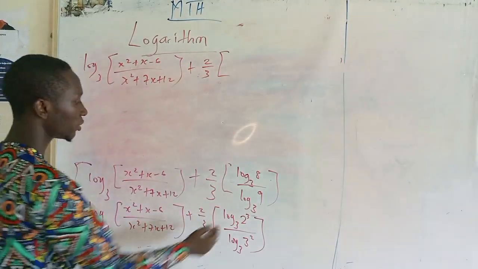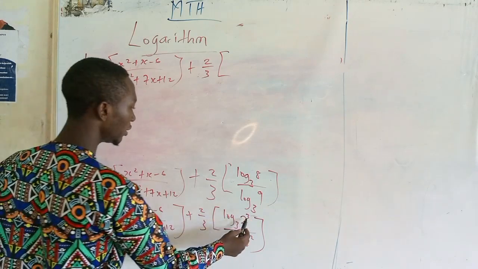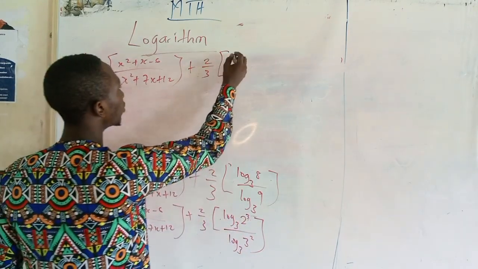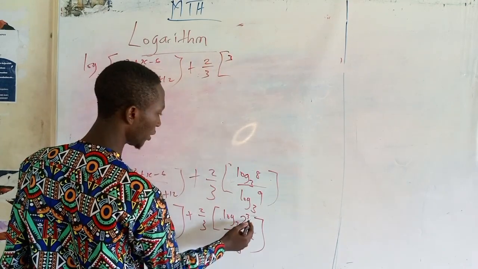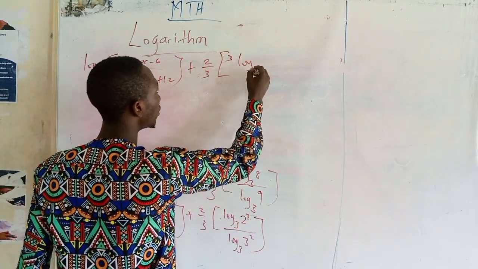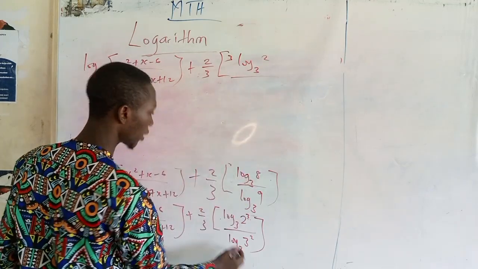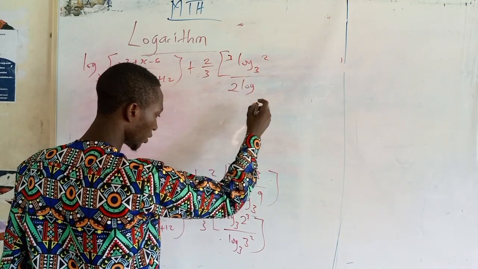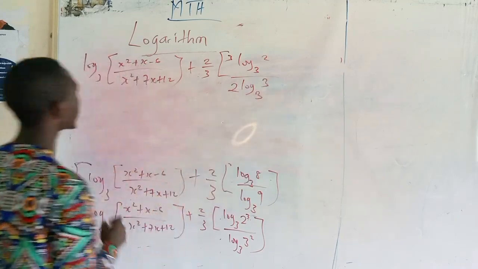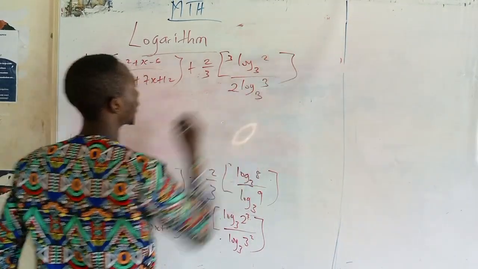Now I told you that under the law of indices we can bring this power here, so it becomes log 3 of 2, and the power here, 3, we can bring it here, so it becomes 2 log 3 of 3. Close the bracket.